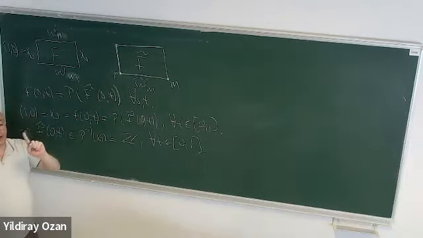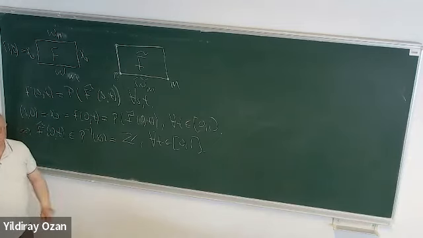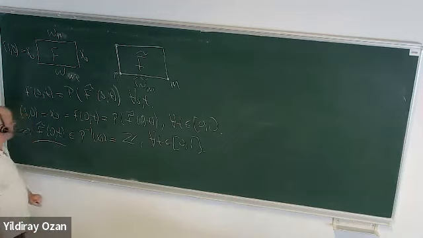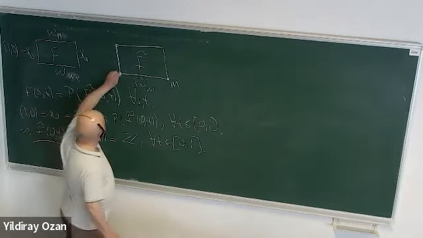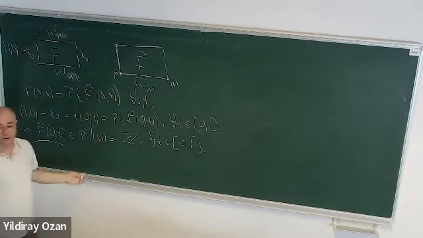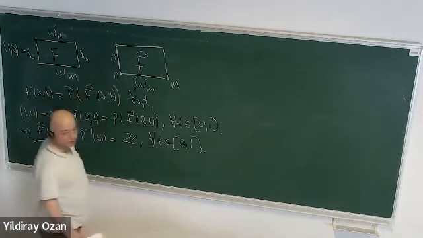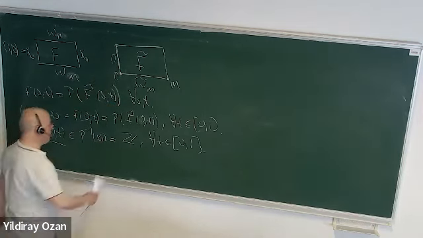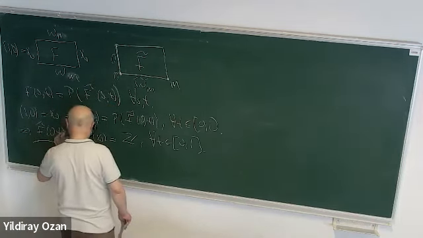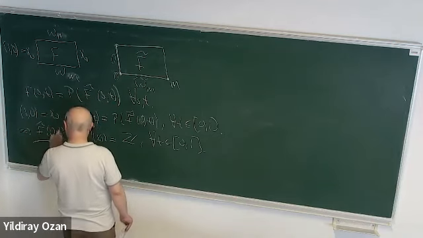Therefore, it should be a constant integer, right? Therefore, this thing is a constant function. But at this end, it already takes the value 0. Therefore, on the whole interval, it should take the value 0. Okay? So the conclusion is the following.